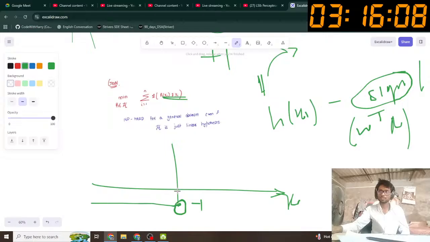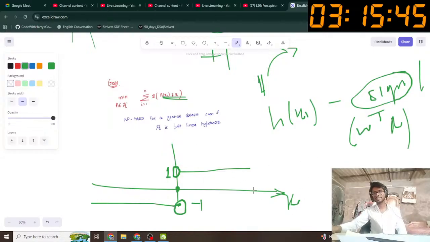For x equal to 0, it is going to be 0, and for all the positive x we will have a 1. That is what the signum function is doing.